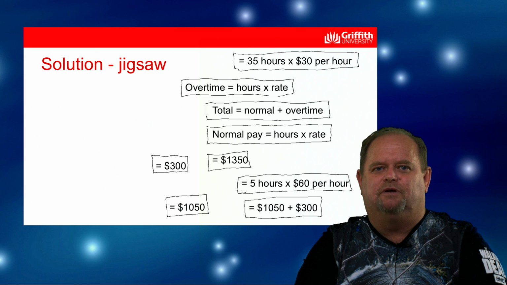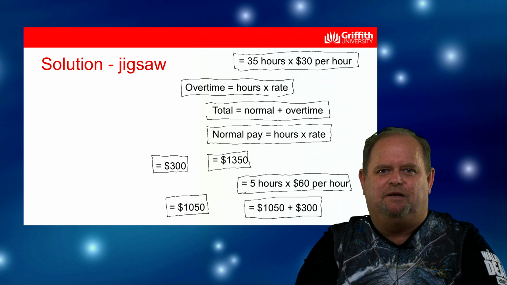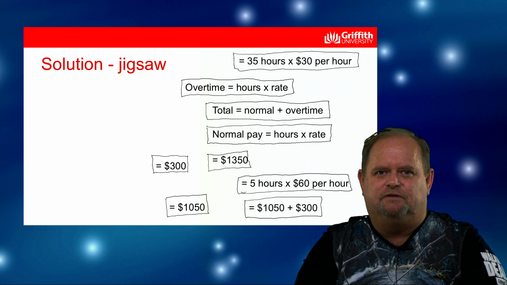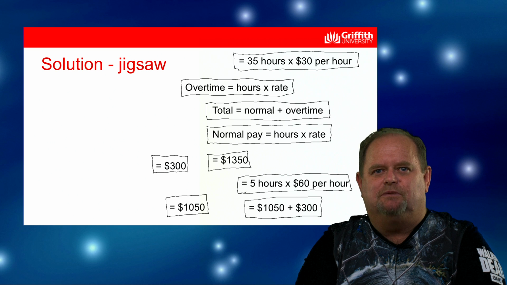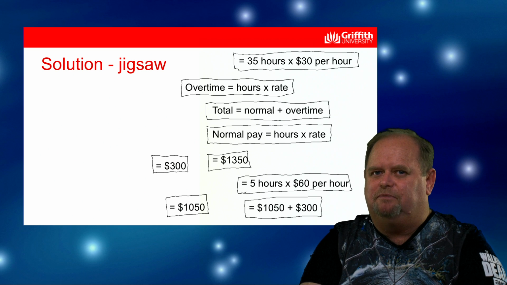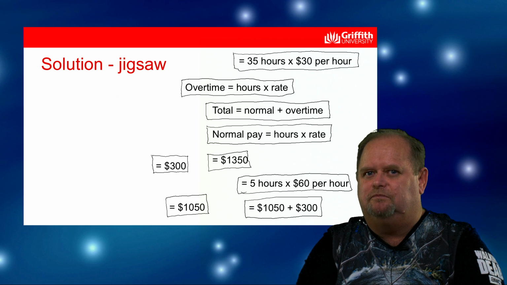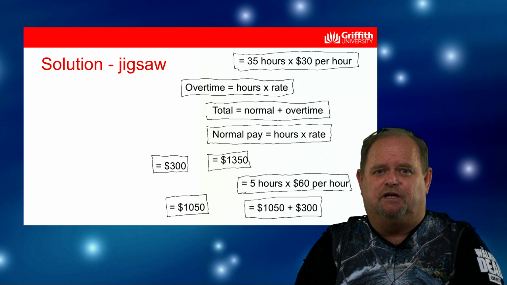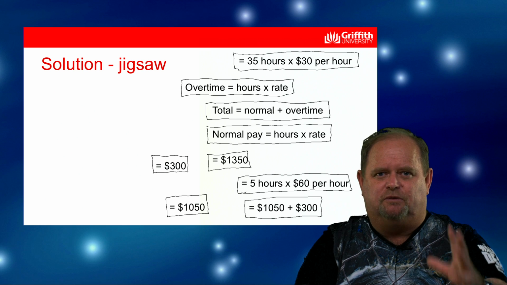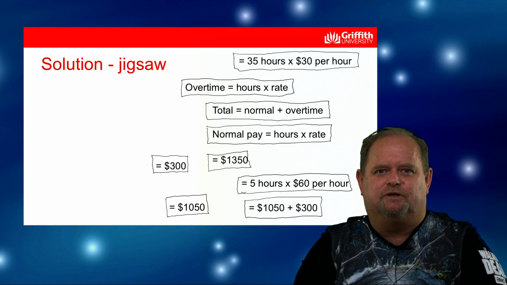Jigsaw. What about if we made up all of these little bits of strips of paper, a little bit of work for us to do? What else would you be doing on a Sunday afternoon? Strips of paper, put them into a paper envelope or a plastic bag. Paper envelope would be much more green of us. And ask the students in a small group or individually or whatever to arrange them in the correct order.